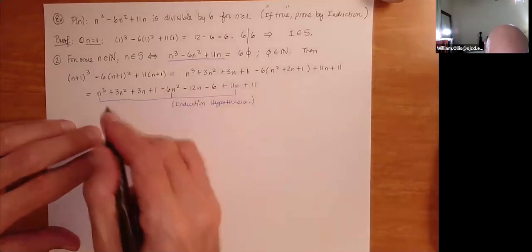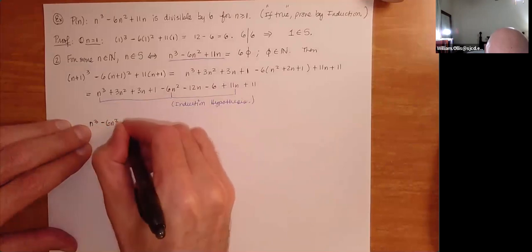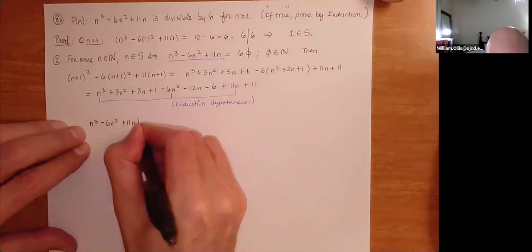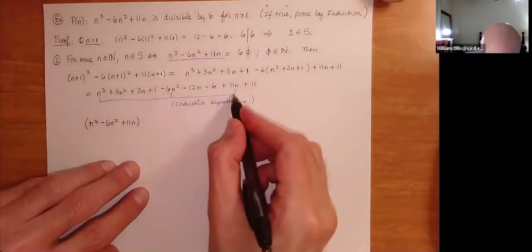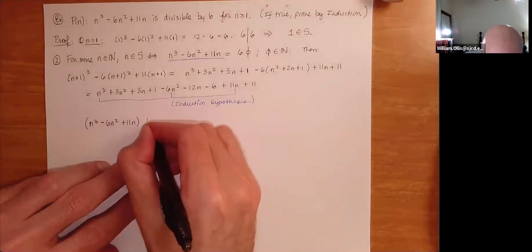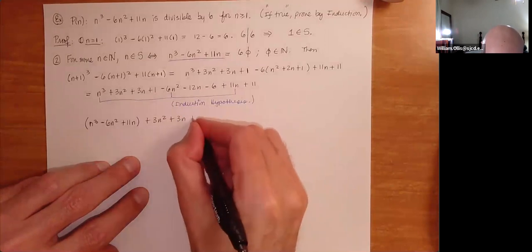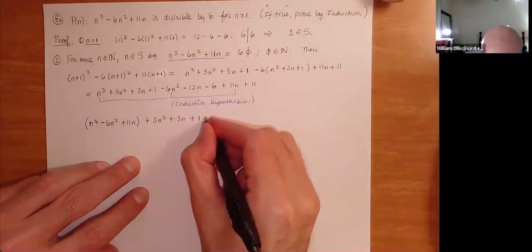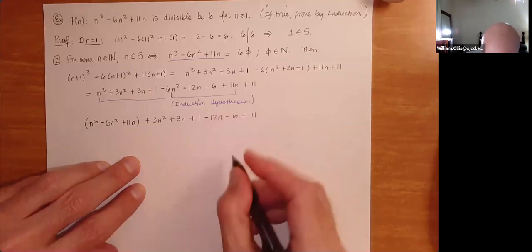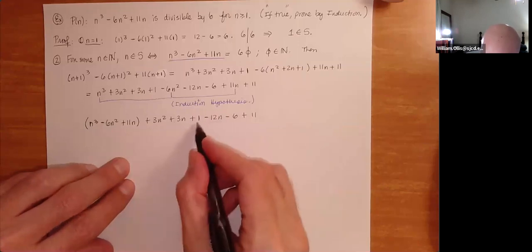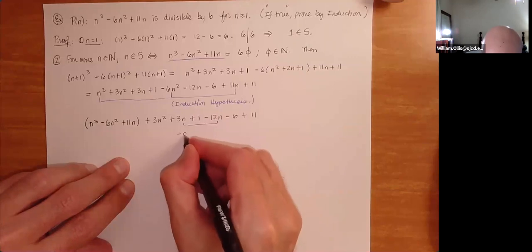So now let's collect all of that. So this is n cubed minus 6n squared plus 11n. We know what that is, so we're going to section it off. Now let's just keep track of all the ones that didn't have the blue line pointing at them. So we have plus 3n squared plus 3n plus 1 minus 12n minus 6 plus 11. Now if we look at all of this, we've got a negative 9n there.